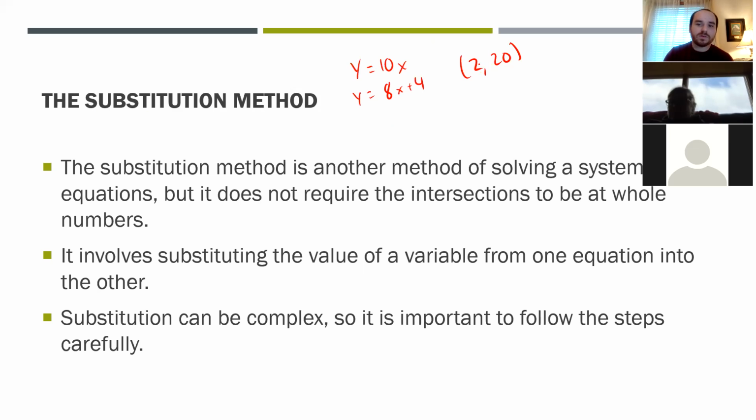And it's also going to be on this one. If we plug in 2 for x here, we get 8 times 2, that's 16, plus 4, which is 20 again. This wouldn't work for any other point. If we tried 3 for x, we'd have 3 times 10, which is 30. And then we have 3 times 8, which is 24, plus 4, which is 28. So there's no other point that is on both of these lines except for 2, 20. So that's why it's the solution to the system of equations.